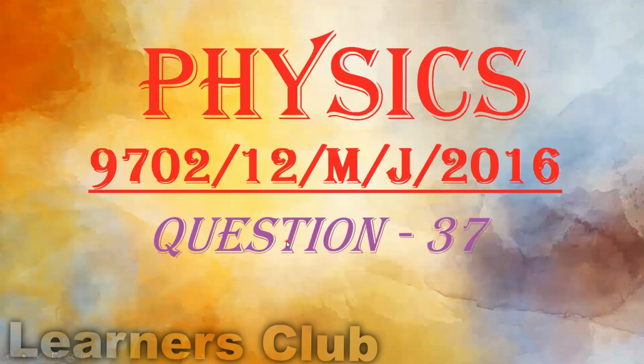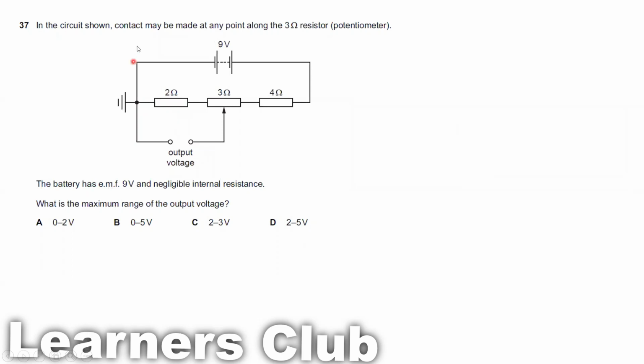Question 37. In the circuit shown, contact may be made at any point along the 3 ohm resistor. It's a potentiometer. The battery has an EMF of 9 volt, negligible internal resistance. What is the maximum range of the output voltage?